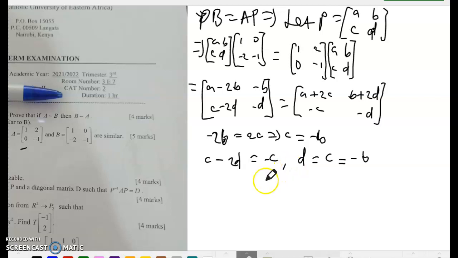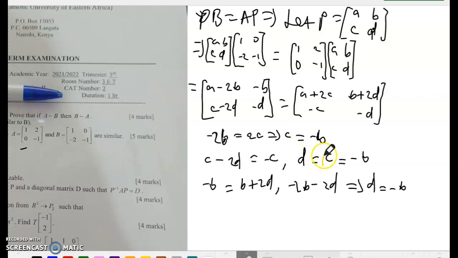So now we'll have negative b equal to b plus 2d. This implies that negative 2b minus 2d will be equal to, implies that d is equal to negative b. So we also have c here to be negative b. So this is our value for b.